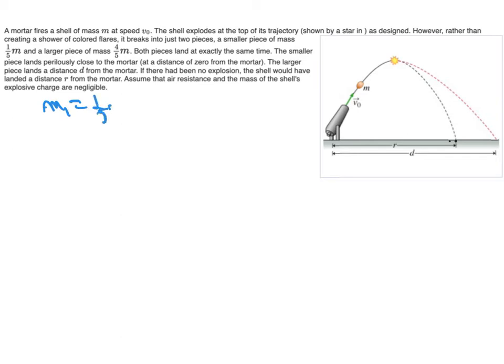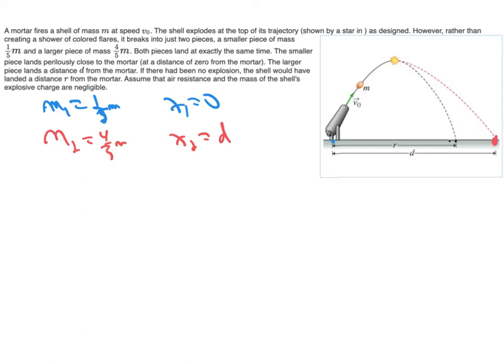is the 1/5 mass object, and that has a distance of x1 equals 0. And then I'm going to say that mass m2 is 4/5 m, and it lands at a distance which is d, according to their drawings.